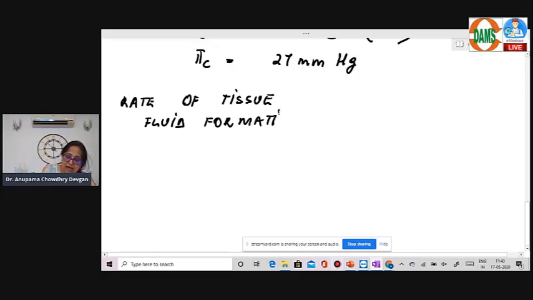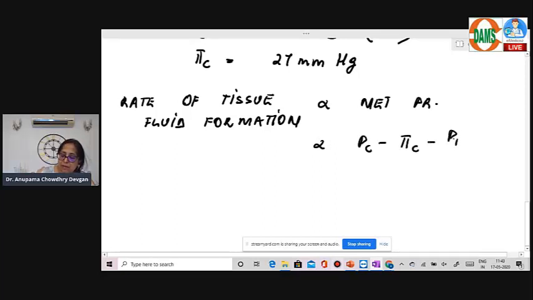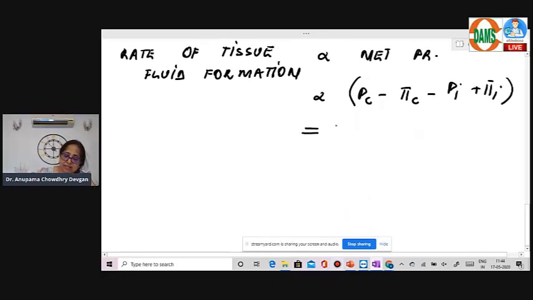This is directly proportional to the net pressure, that is, directly proportional to PC minus pi C minus PI plus pi I. If I want to remove the proportionality sign and bring an equal to sign, I have to multiply it by a constant. And that constant is Kf into PC minus pi C minus PI plus pi I.